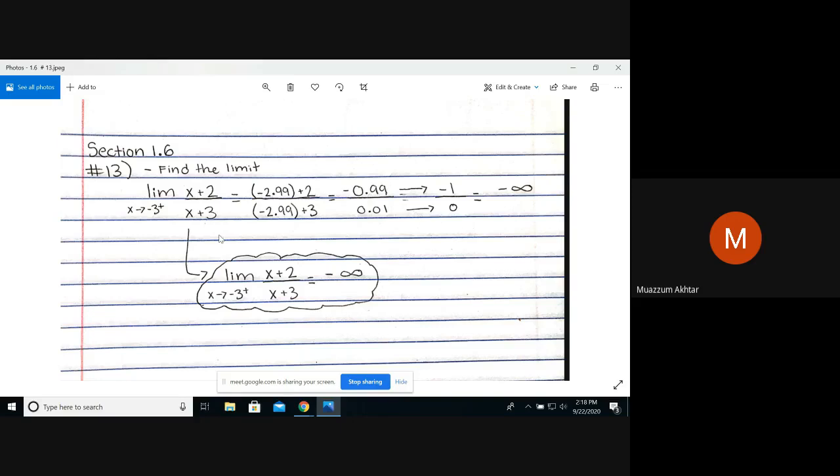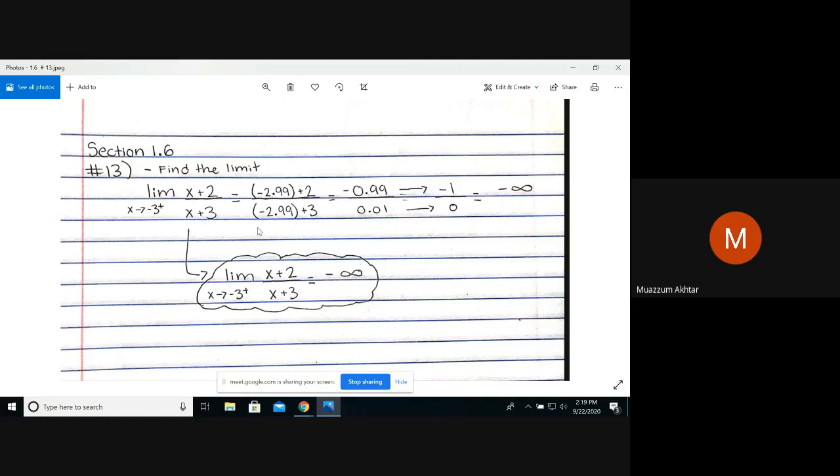So for the numerator, when you add -2.99 plus 2, you get -0.99, where you could infer that it's heading closer to -1. While the denominator, when you plug in for the value of x, you get positive 0.01. You can infer that the number is getting smaller, closer to 0.